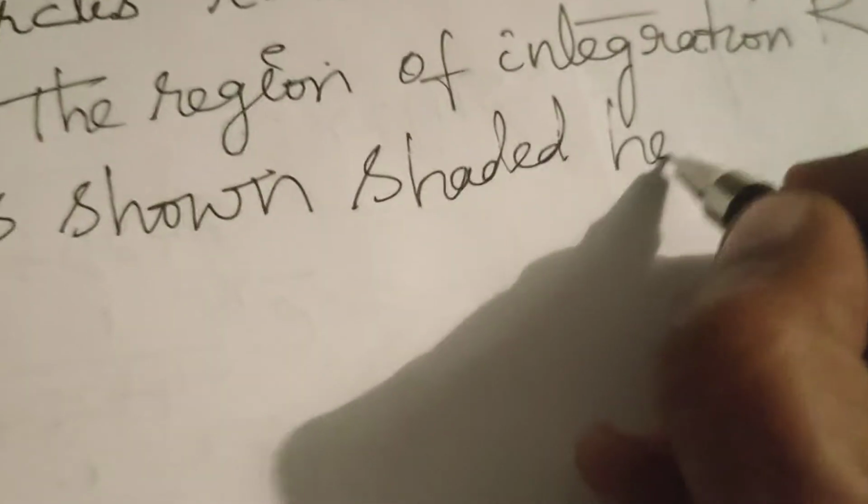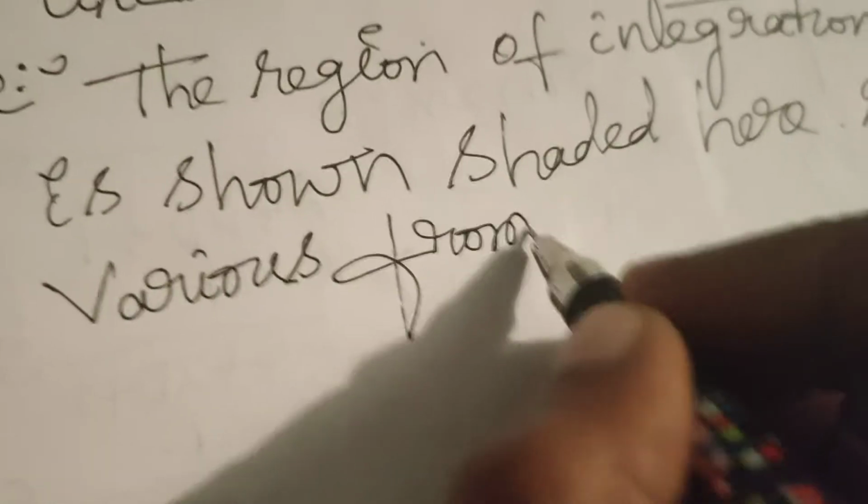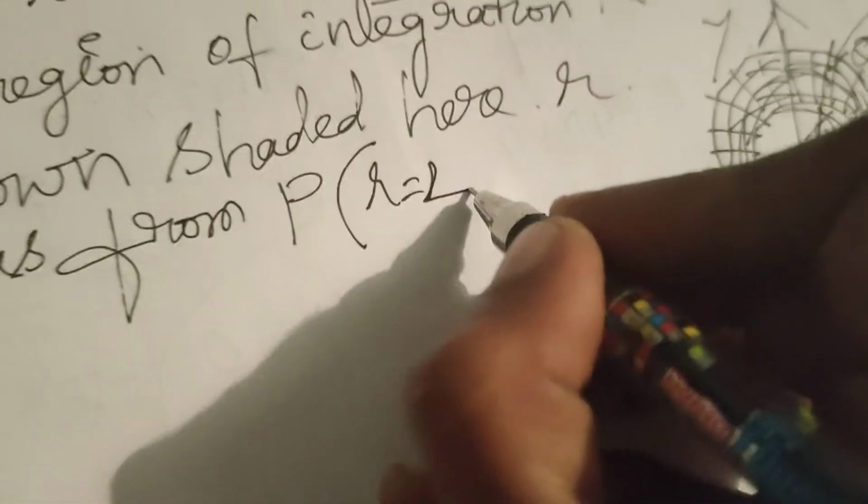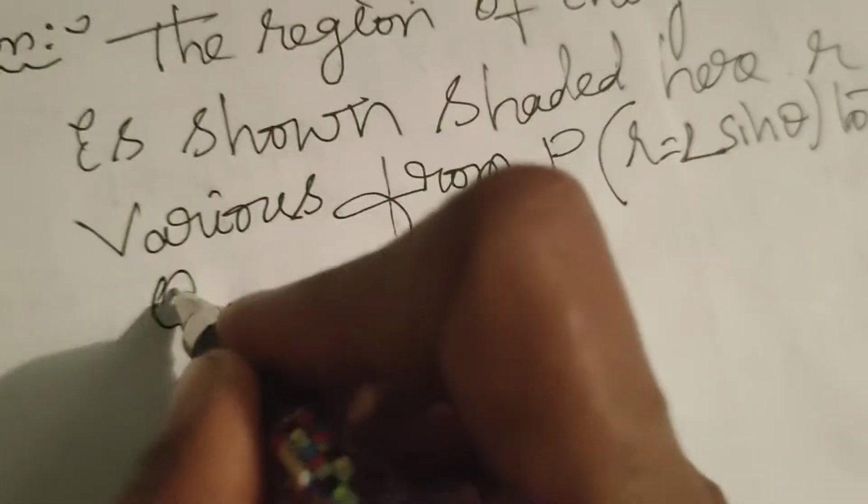Small r varies from P to Q. P is on one of the circles, that is r equals 2 sin theta, and Q is on the other, that is r equals 4 sin theta.